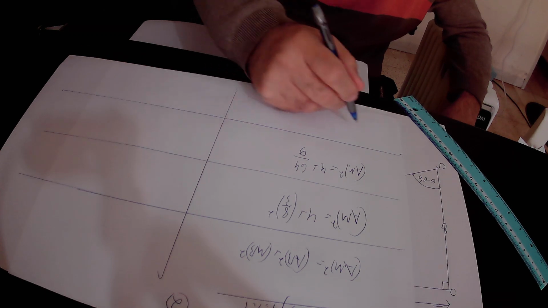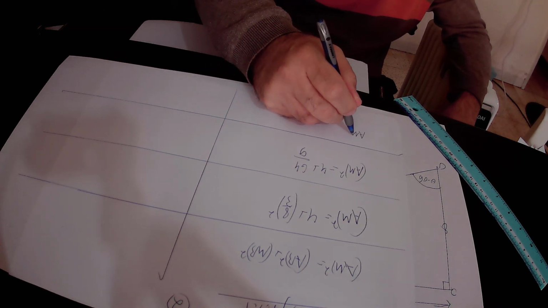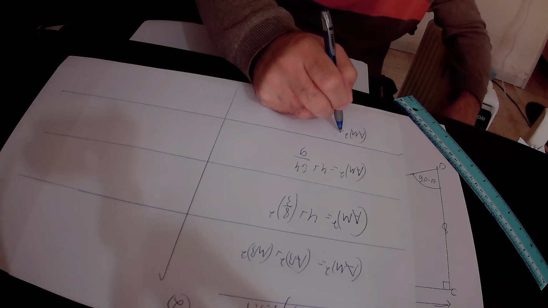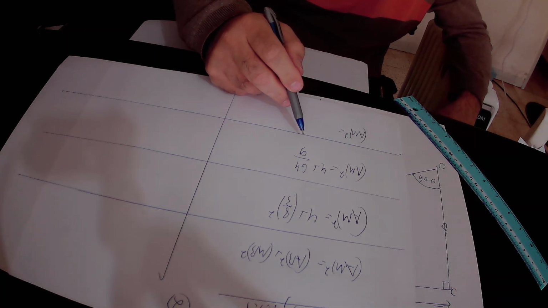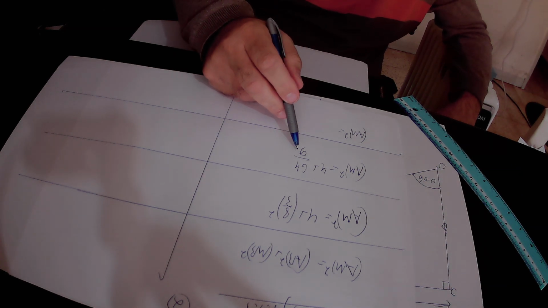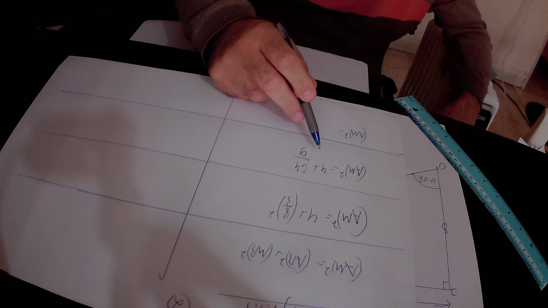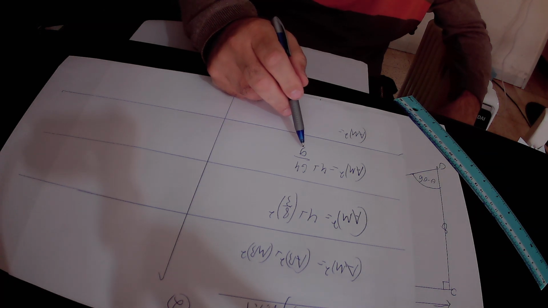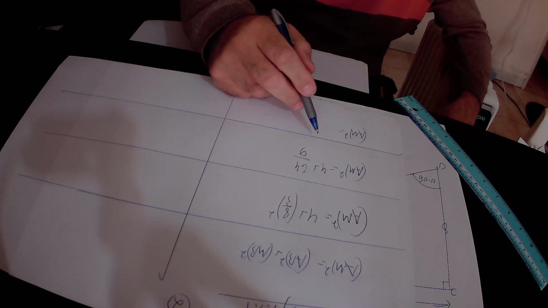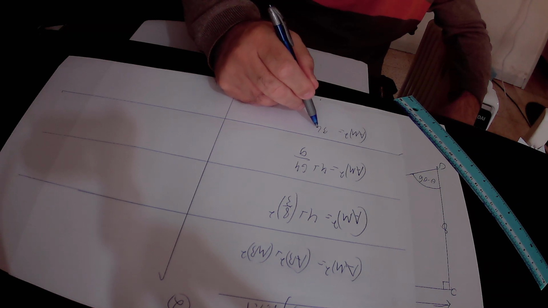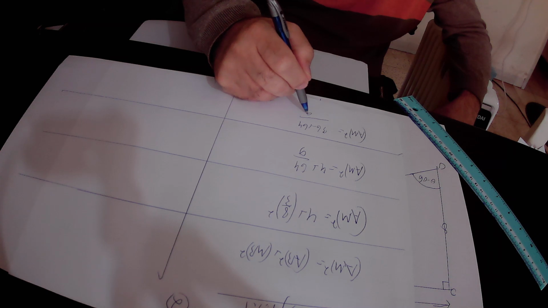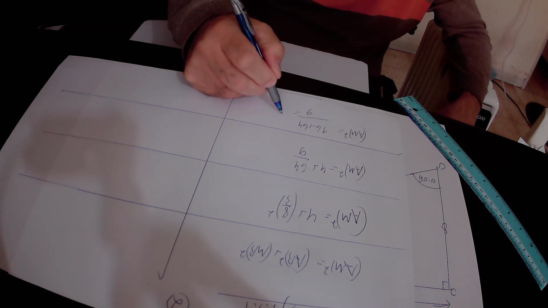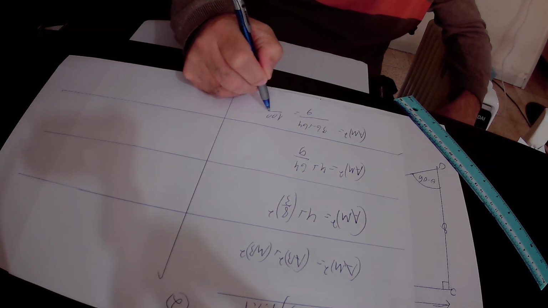So AM squared equals, here we'll multiply 4 by 9 and then divide it by 9 in order to get a common denominator of 9. So 4 times 9 is 36, so in the numerator we'll have 36 plus 64 over 9. 36 plus 64 is 100, so it is 100 over 9.